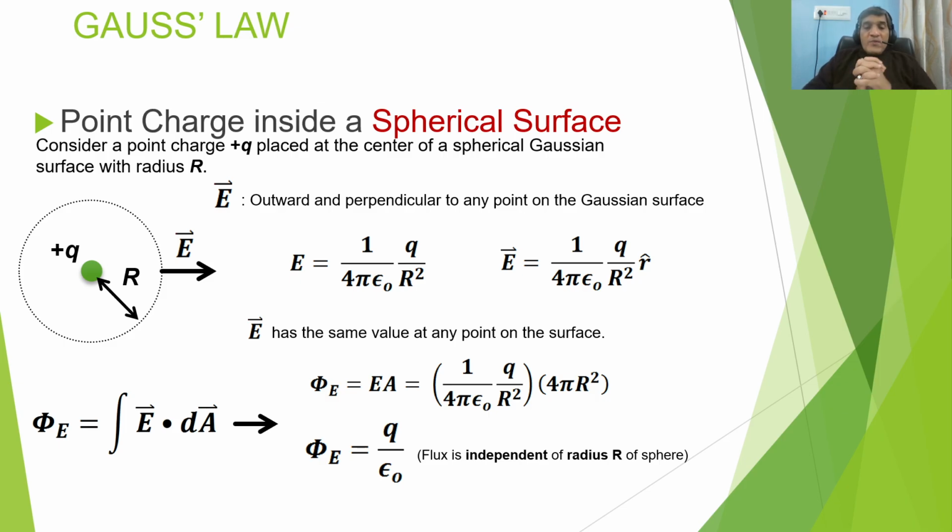Now I hope you understand where 4 pi r square comes from. It is the area term dA of our imaginary Gaussian surface, E is constant, and Q is the charge enclosed by this imaginary surface, which we drew around this positive charge Q, for which we have to find the electric field.